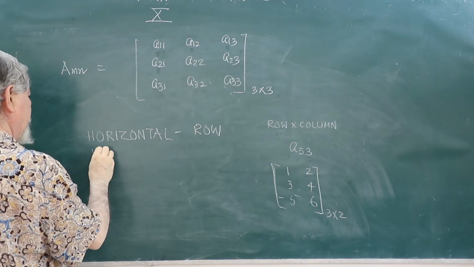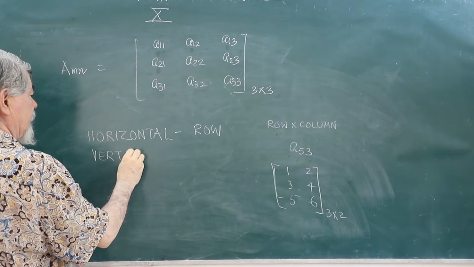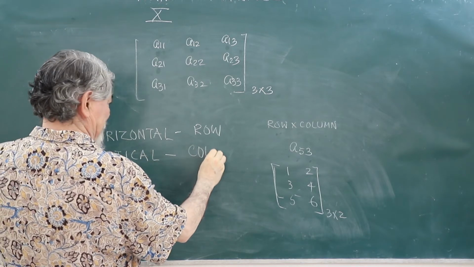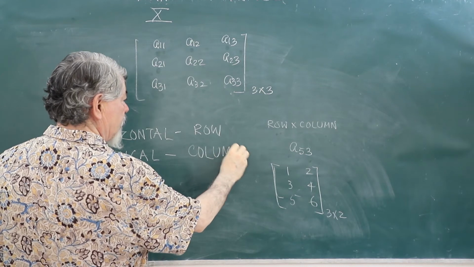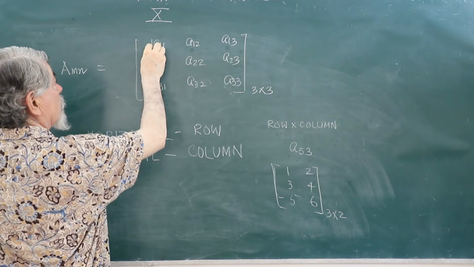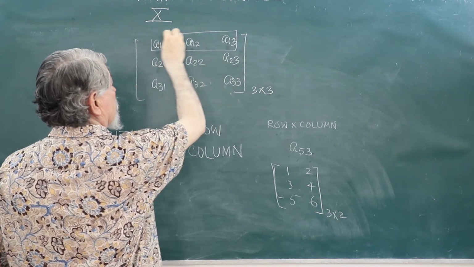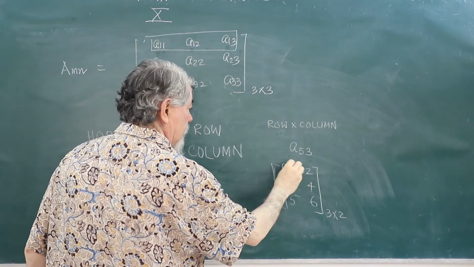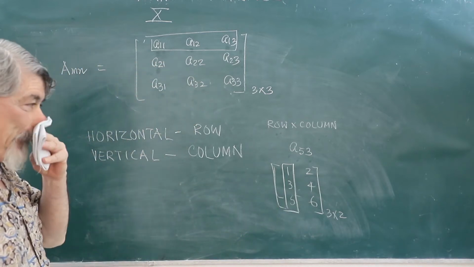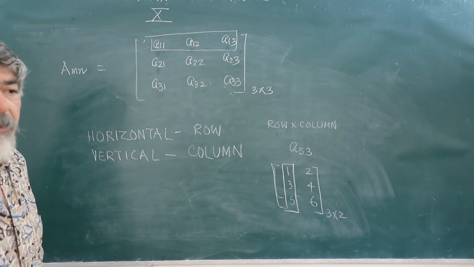Vertical is perpendicular to earth, vertical is column. This is a must to understand. This is a row. This is a column. First of all, you must understand clearly the rows and columns.